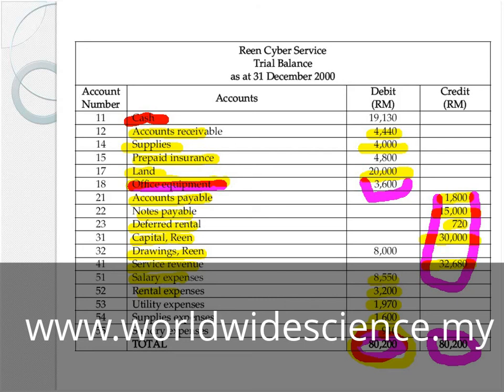So how do you understand this trial balance? Accounts payable here means we must pay somebody for some service or goods. Accounts payable is what we haven't paid yet, but we must pay. When we haven't paid this money, we show it like our capital, our liabilities.